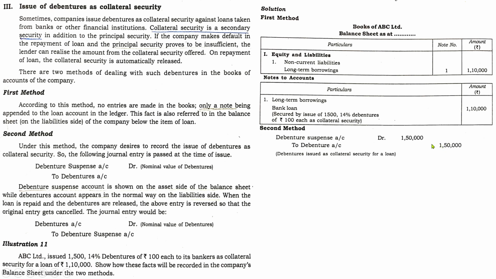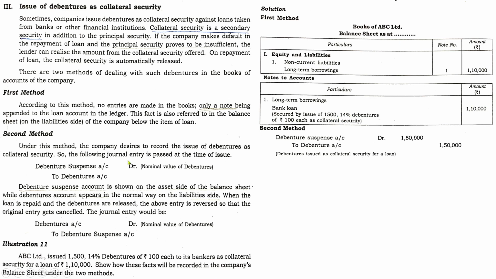See, this is how you have to deal with it. Don't get confused. In the first method we are not going to pass any journal entries, but we have given a footnote in the note to accounts, mentioning that against this 1,10,000 we had offered our 1,500 debentures of ₹100 each.